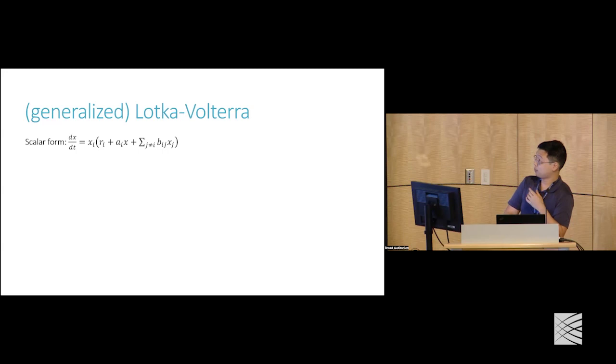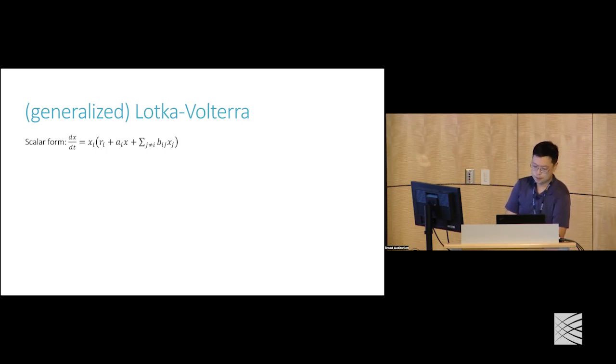But here we're going to consider n different individuals. So up there it should say dx sub i dt. So the scalar form you can write as the ith component's derivative is equal to x sub i times this linear combination of all of the x's.